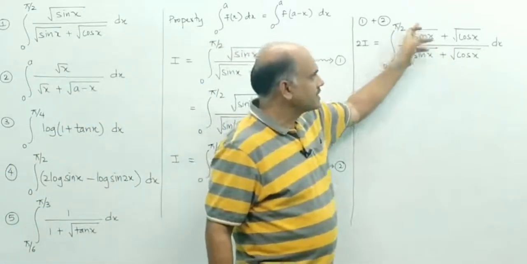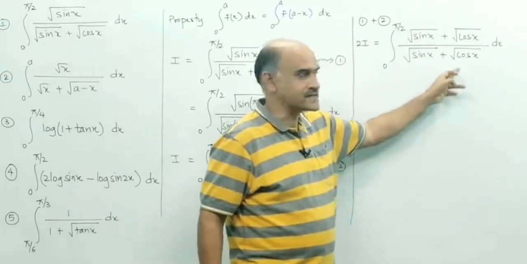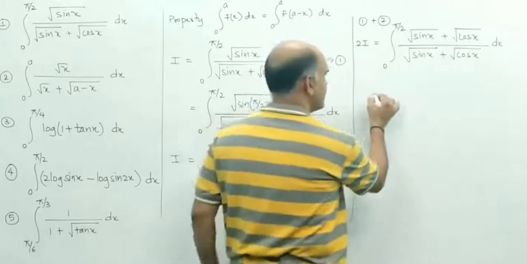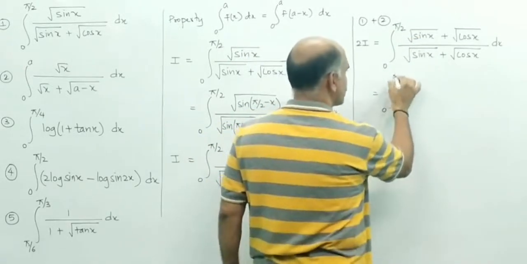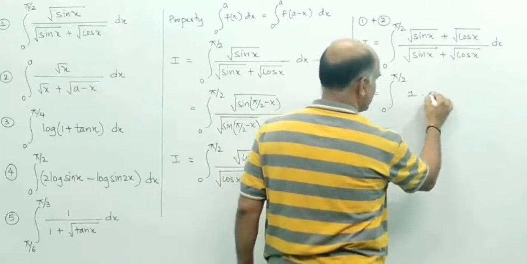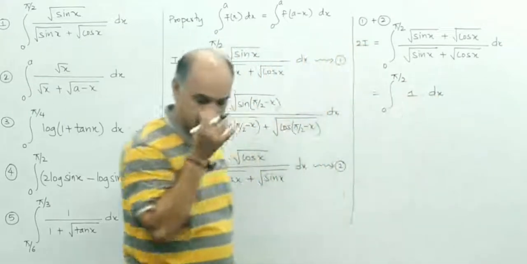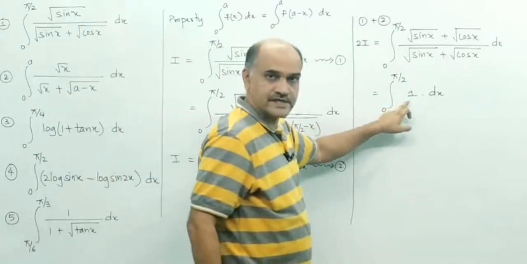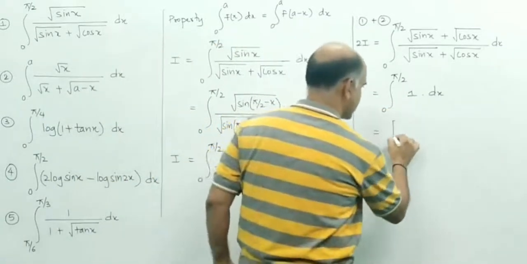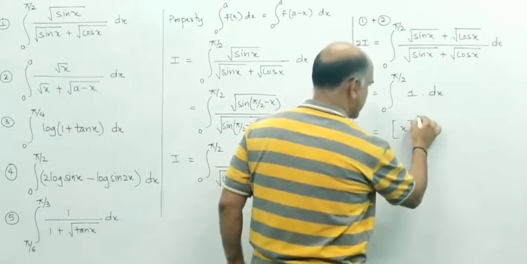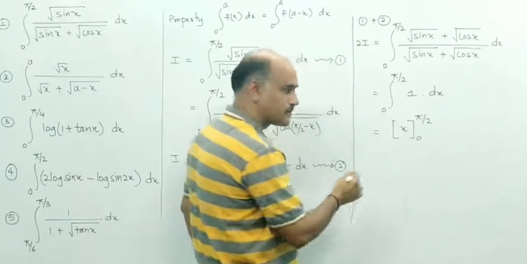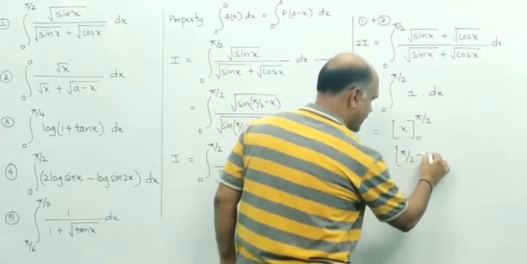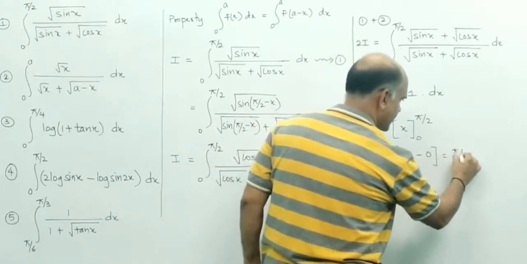So now if I add, this whole term gets cancelled. Sin x plus cos x in root, this term gets cancelled. So you will have 0 to pi by 2, 1 into dx. Now integration of 1 is x, so x from 0 to pi by 2. Substitute upper limit minus lower limit, so you will have pi by 2 minus 0, or you can say pi by 2.